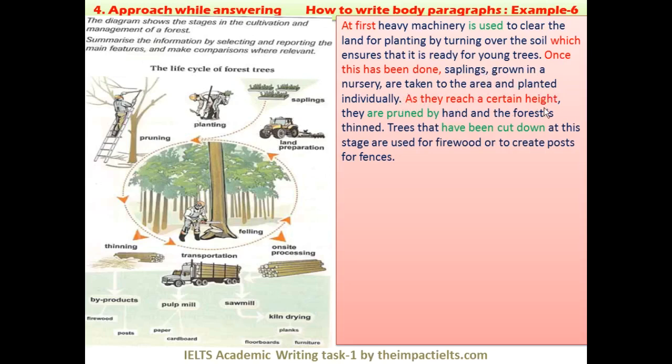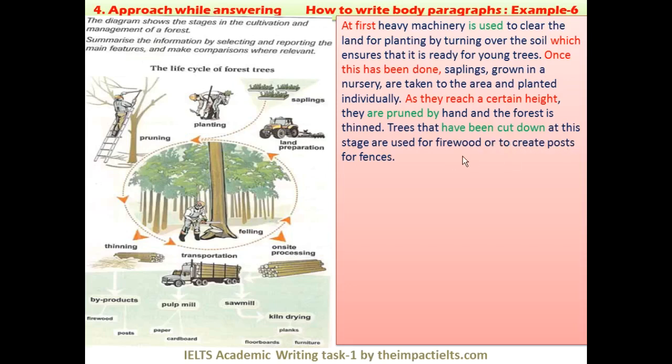As they reach a certain height, another way of talking about the sequence, they are pruned by hand. Perhaps they're pruning the branches because there are many branches, and the forest is thinned. So what happens as a result, if you just take off all the branches, the forest will look a bit thinner, right?